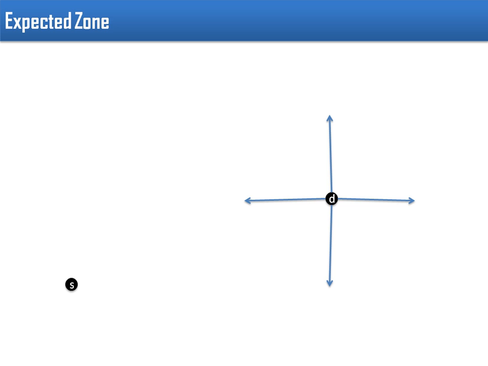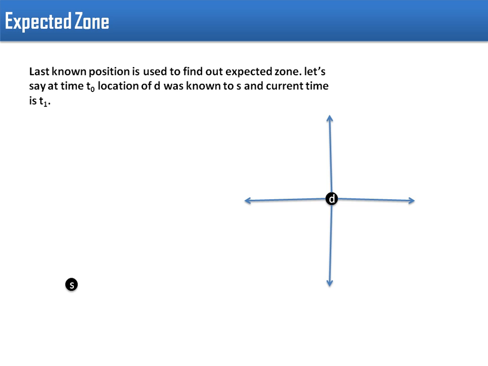So what is the expected zone? Here we consider S as the sender and this is the destination, and we want to find the expected zone, the area where node D will be available. Let's assume that the last location of D is known to S, say XD, YD.